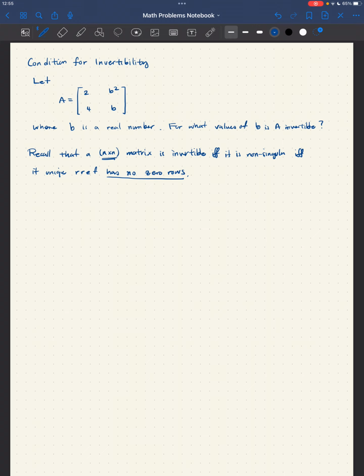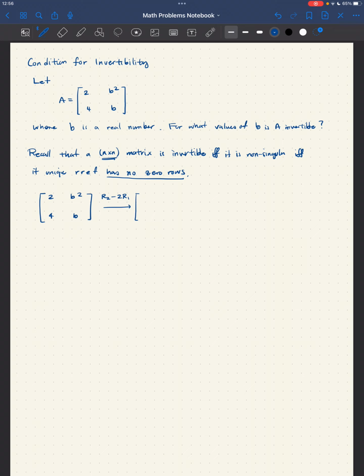So we start with our matrix, 2b squared, 4b. We have no additional information about b other than that it is a real number. Well, but even though we can perform some reduction process, right? At least partially. So we have row 2 subtract twice row 1.